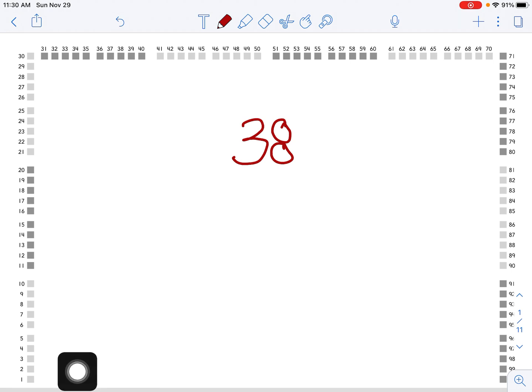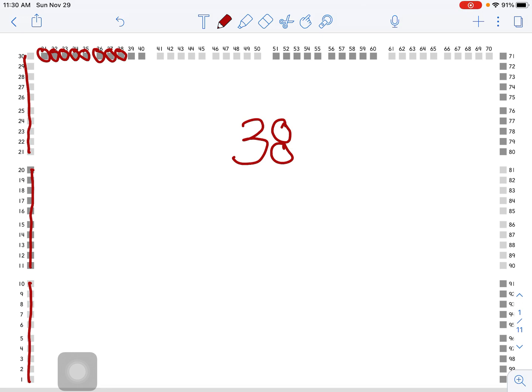So we are going to go 10, 20, remembering that each one of these is an actual number, 30, 31, 32, 33, 34, 35, 36, 37, and 38.